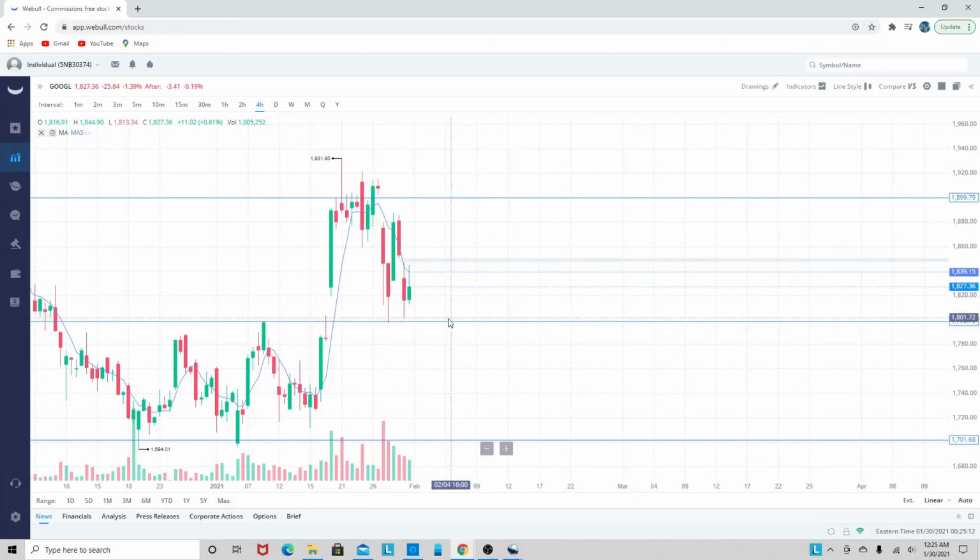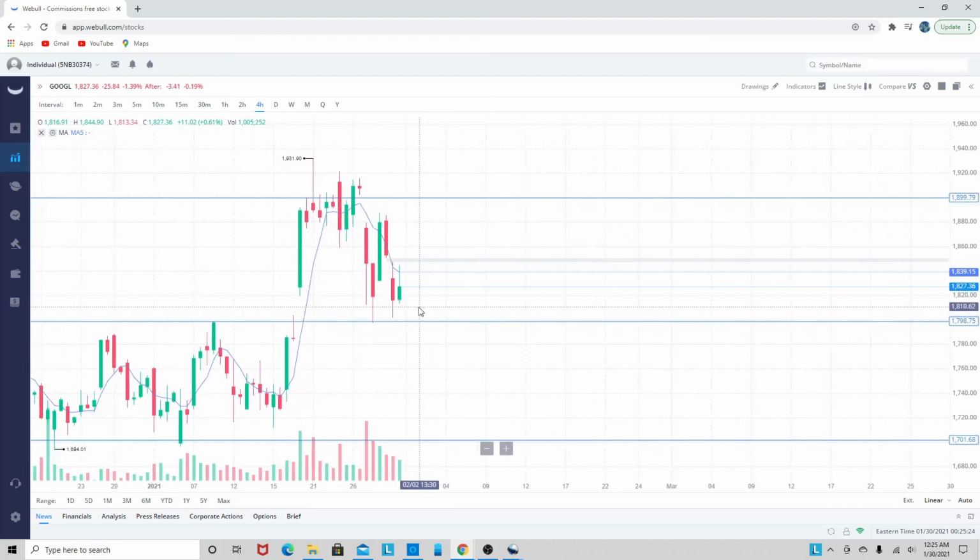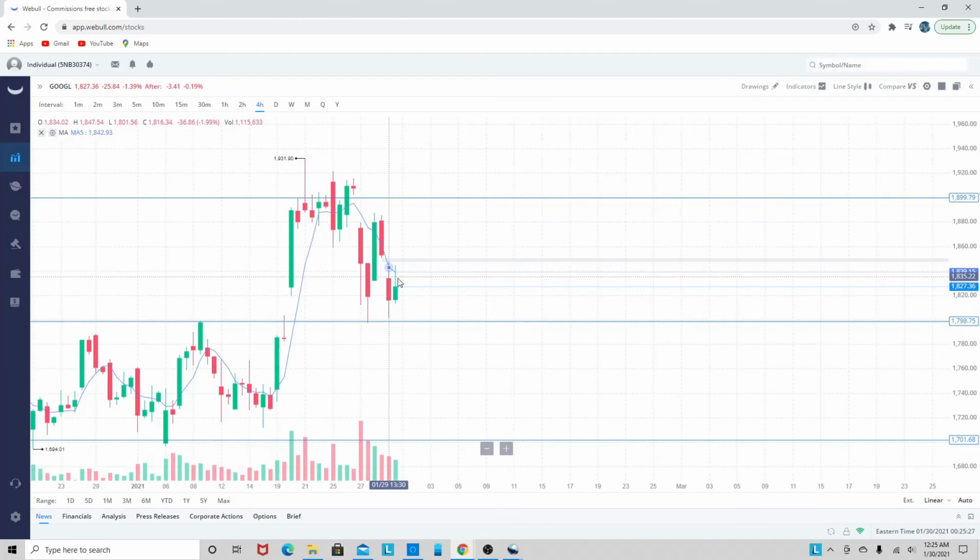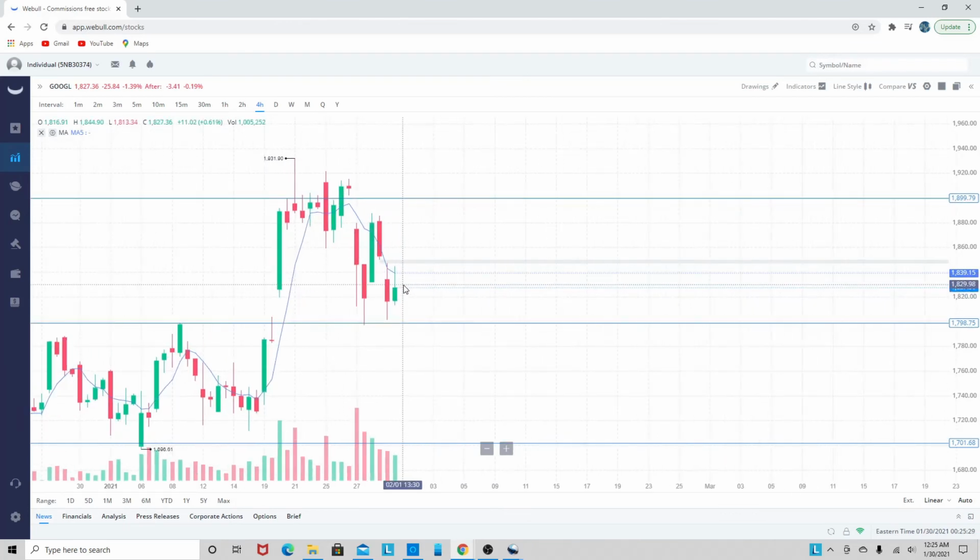So if you're looking to trade this on a swing trade possibly, or going long on this, or options, it definitely is in a buy zone. You just have to watch the next week or so to see if it does hold this $1,800 support, because the market is selling off right now because of all this volatility about this GameStop stock stuff and everything that's been going on lately.